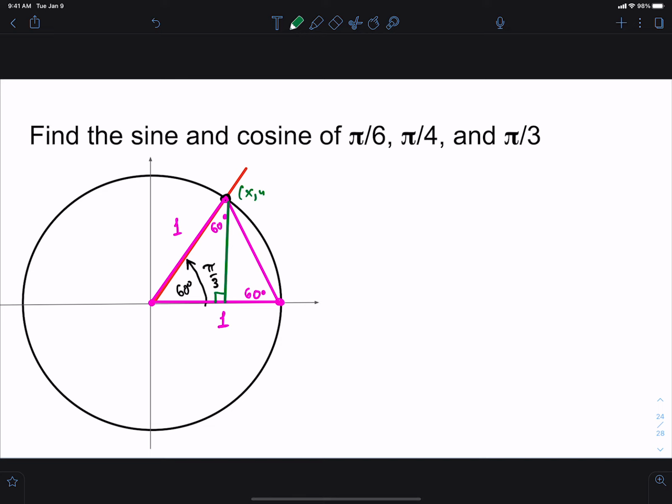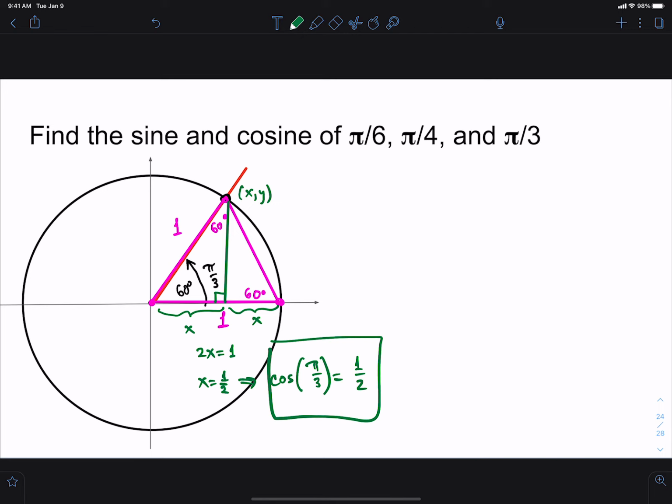Here's the point xy, and you can see that x is this horizontal, it's the base of the triangle, but by symmetry, x is that one as well, so that means that 2x equals 1, or x equals 1/2. And this is enough to know that we've just computed the cosine of pi over 3 is 1/2. Let's put a box around that.